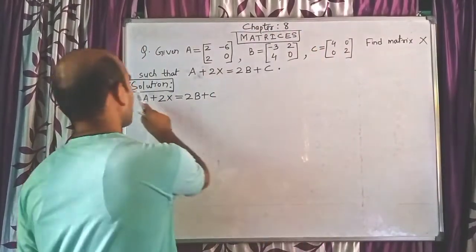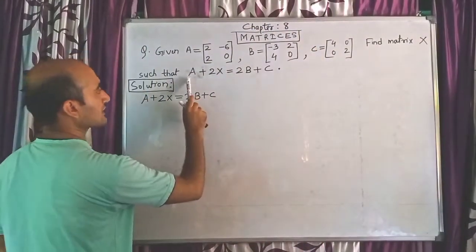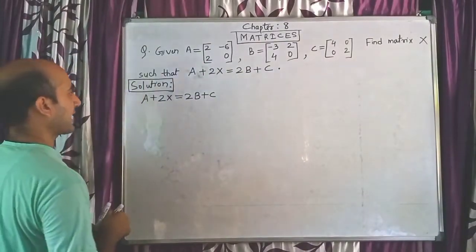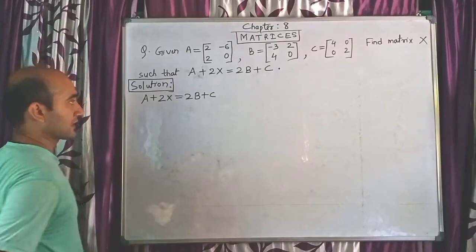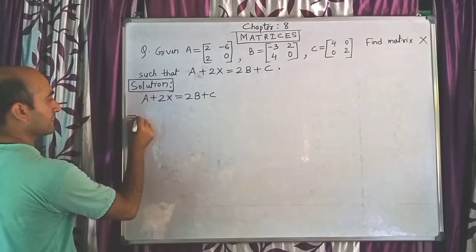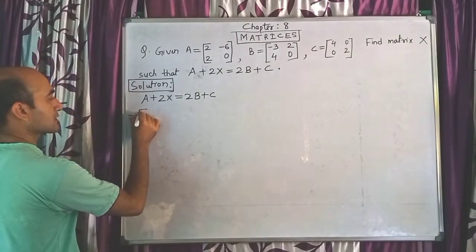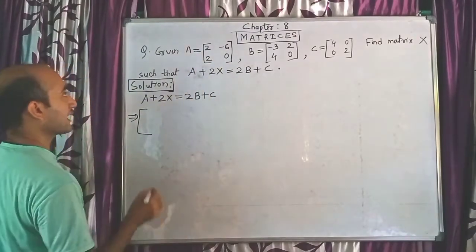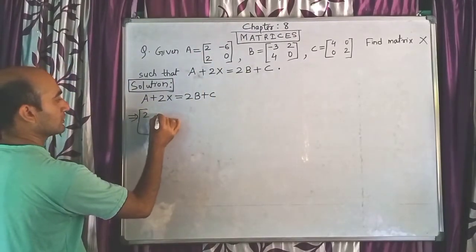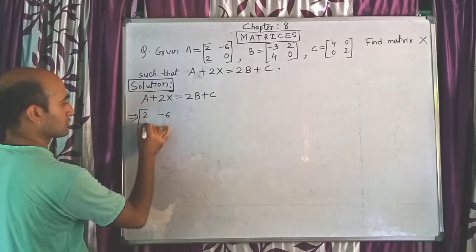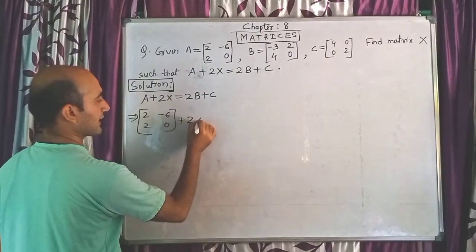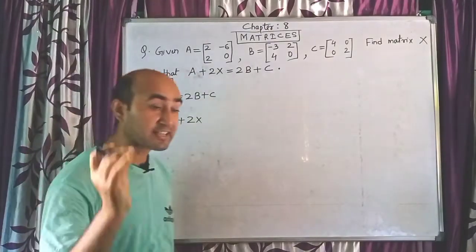So here my solution begins. I wrote the given part: A plus 2X equal to 2B plus C. Next I will put the respective values of A, B and C. The value of A is the matrix 2, -6, 2, 0, plus 2X will be the same because the value of X is not given.